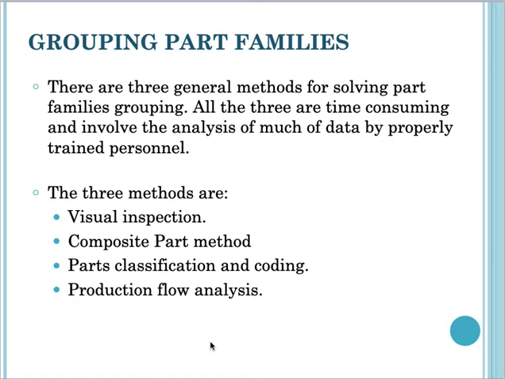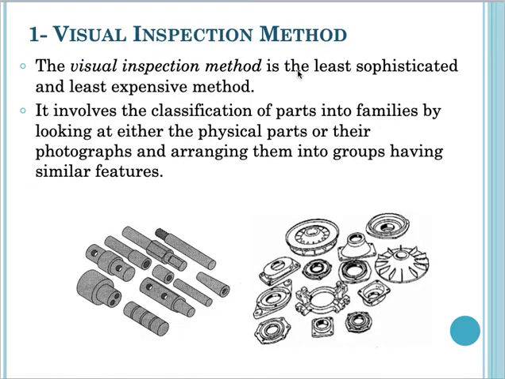The three methods are, as we have said, visual inspection, production flow analysis, part classification and coding, and this is the composite part method, which is another important method. The visual inspection method is the least sophisticated and least expensive method.